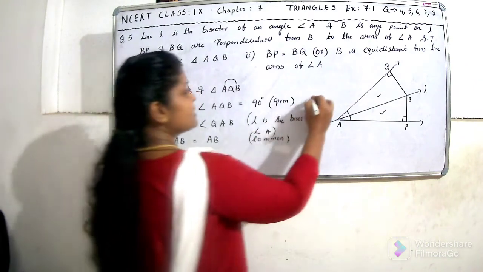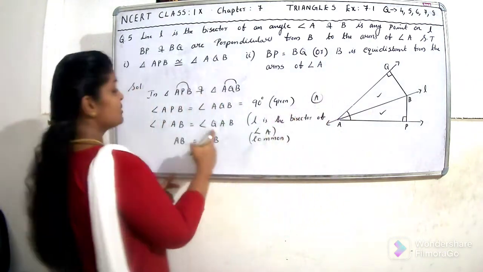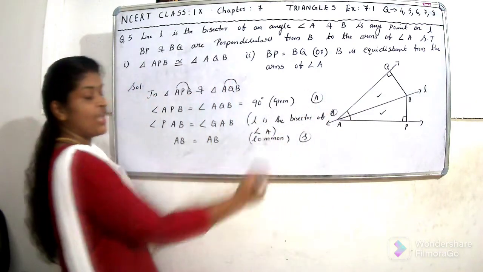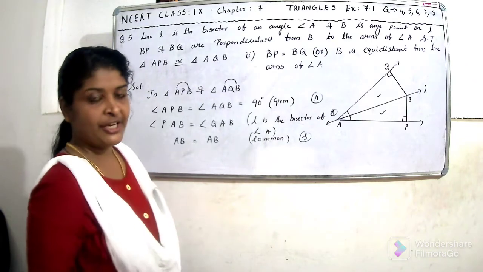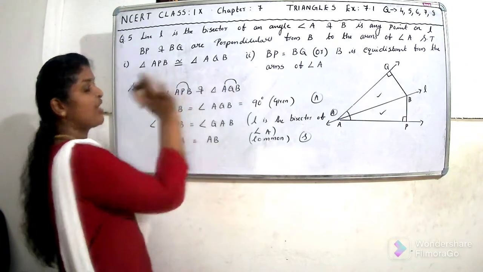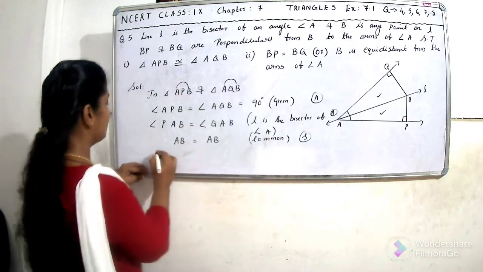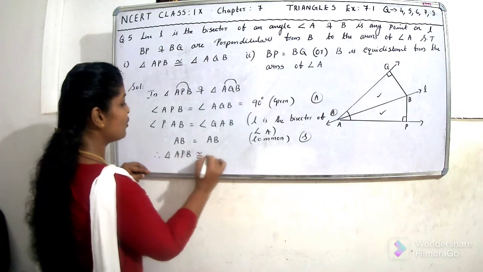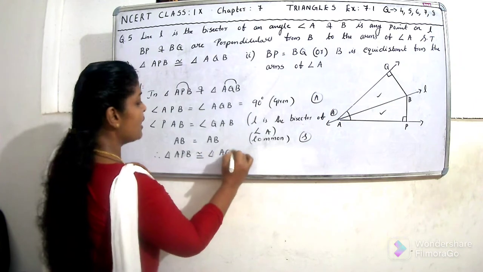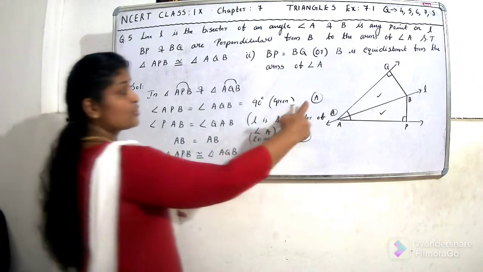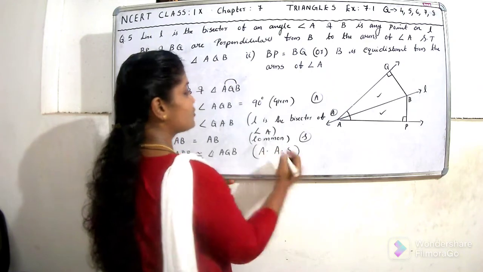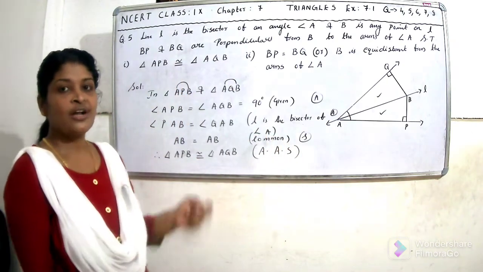Now here this is angle, this is also angle, and this is side. So AAS, because of that criteria we can say these two triangles are what? Congruent. So therefore triangle APB is congruent to triangle AQB because of criteria AAS. Because of this, the two triangles are congruent.